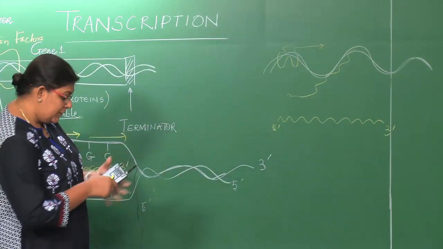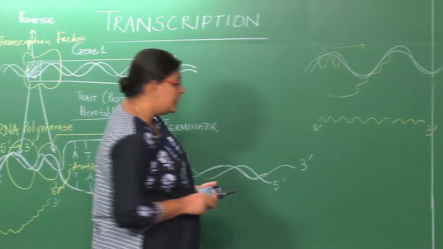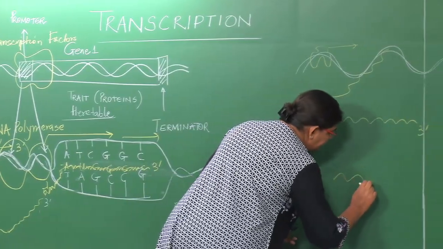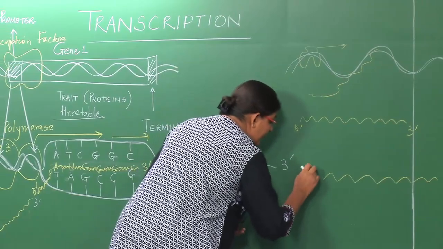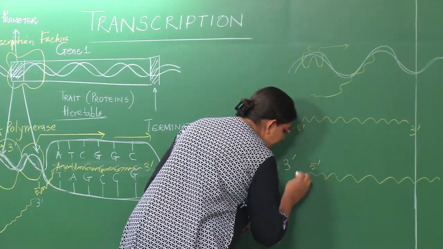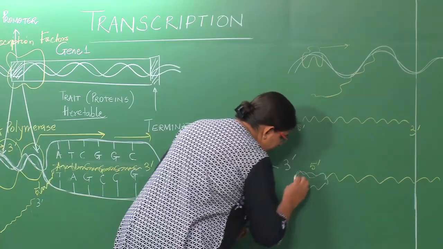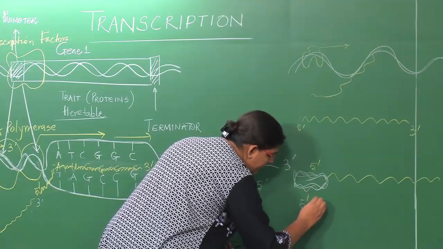That protection is provided by some additional modifications in eukaryotes, wherein the mRNA at its 5 prime end will have some additional nucleotides and a few phosphates added, and this is called a 5 prime cap.